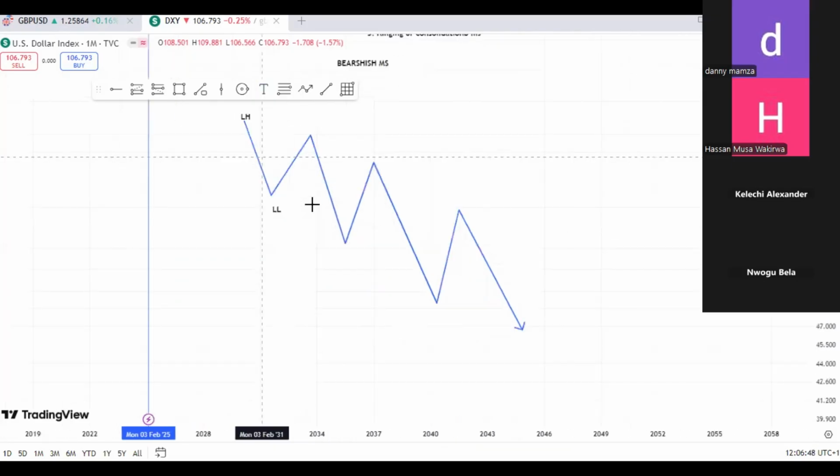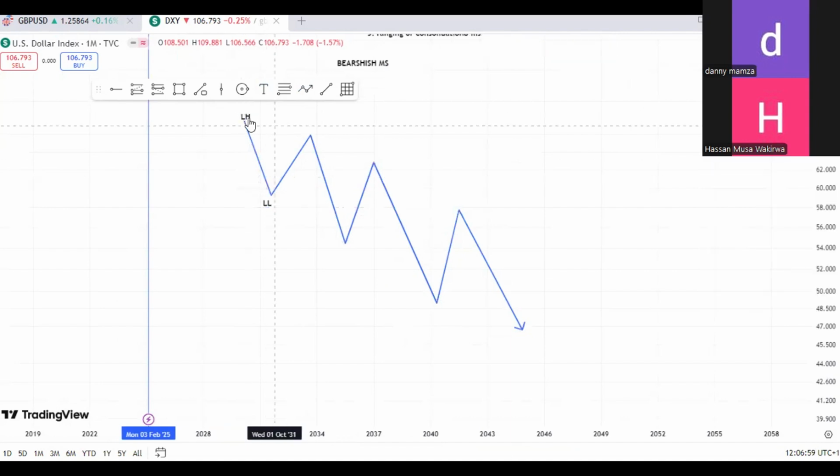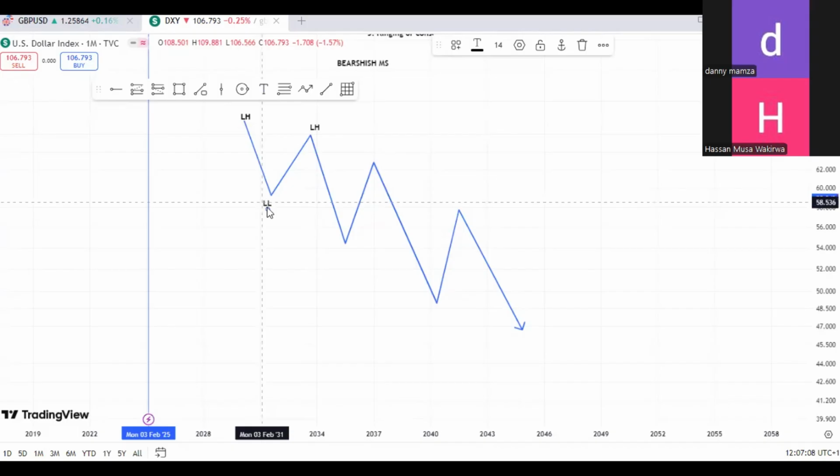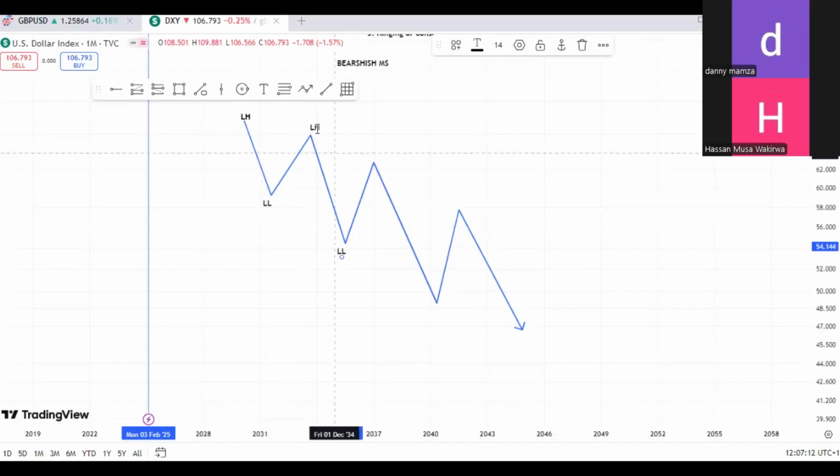You see, they call this a lower low because this low is lower than this lower high. This is a lower high. And then this is a lower low. This is a lower high. This is a lower low.